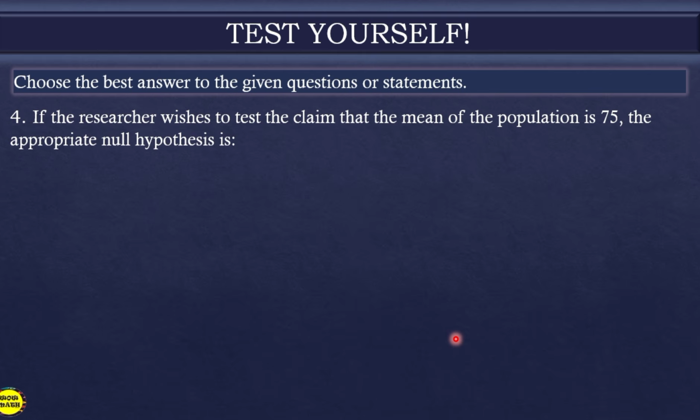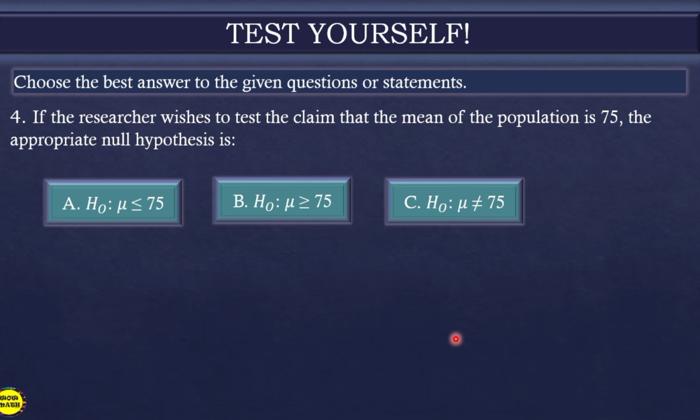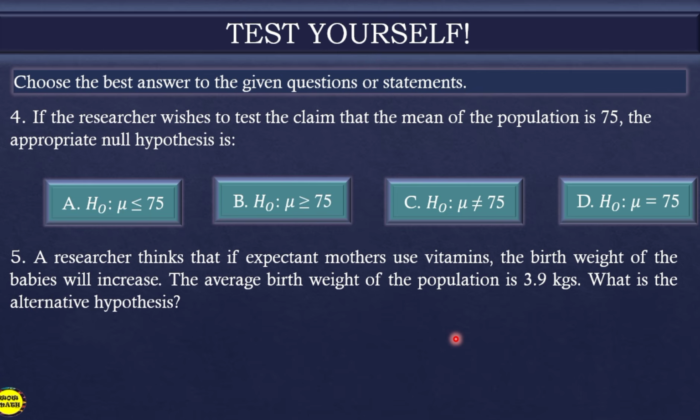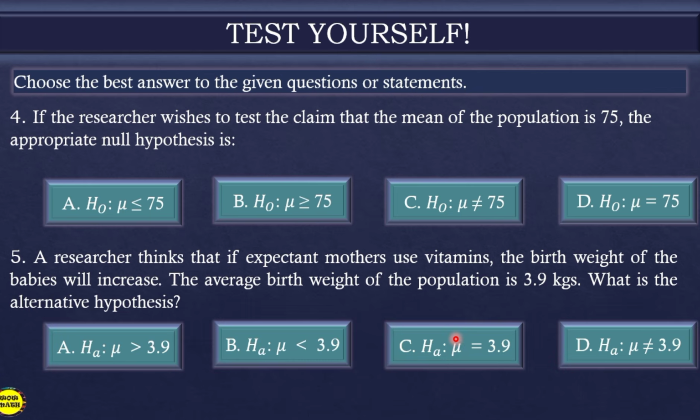Number 4, if the researcher wishes to test the claim that the mean of the population is 75, the appropriate null hypothesis is A, B, C, and D. So, number 4, anong sagot natin dyan? Null hypothesis, di ba? Since yung claim natin is 75.